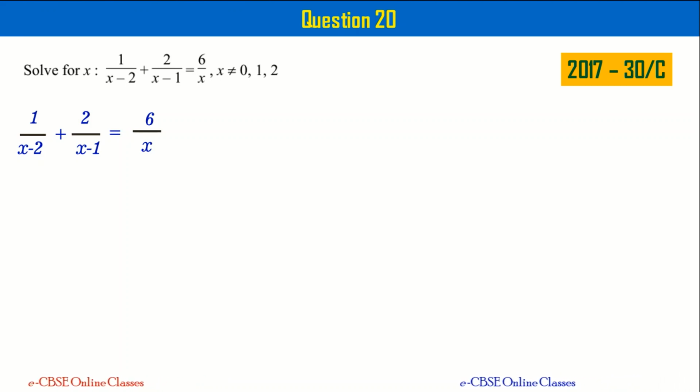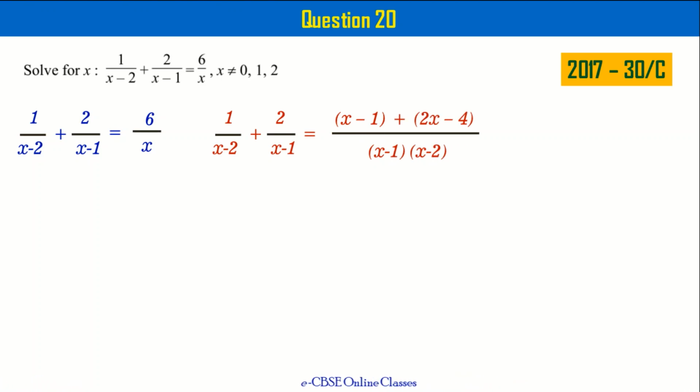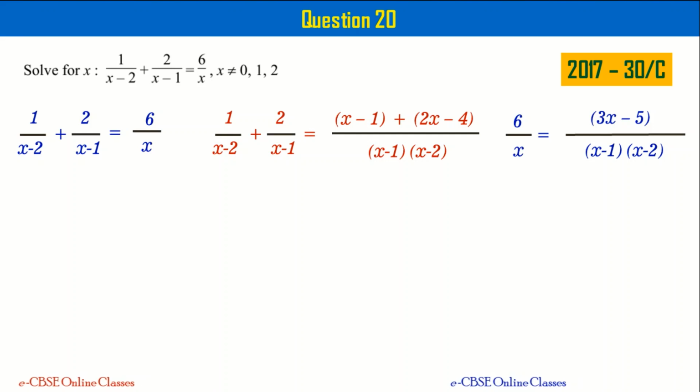If you take the left hand side terms, those two can be written as x minus 1 plus 2x minus 4 divided by x minus 1 times x minus 2, right? Now take this expression and put it back into the first equation given, so that you can write it as 6 by x equal to 3x minus 5 divided by x minus 1 times x minus 2, right?